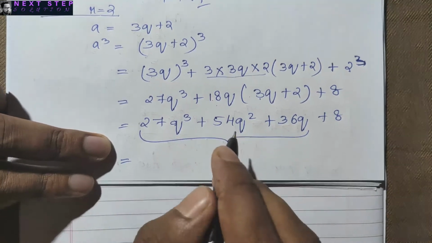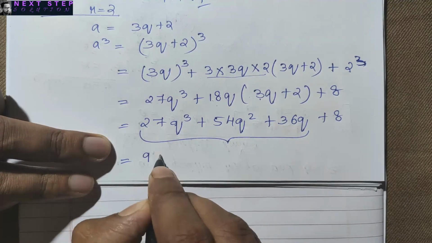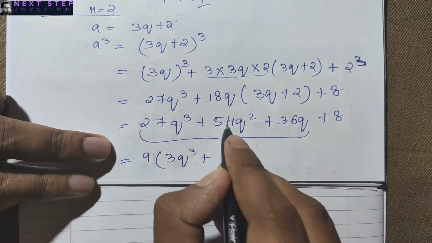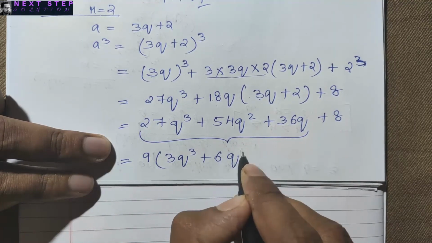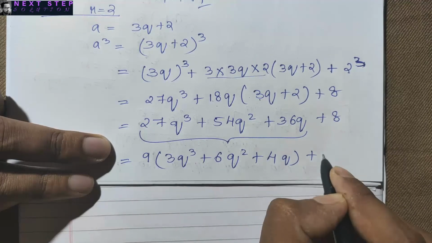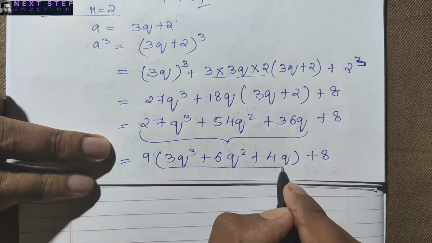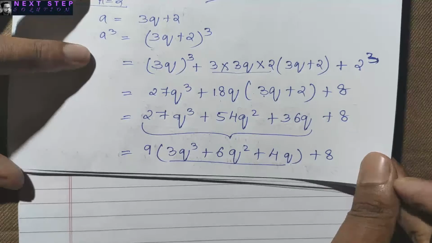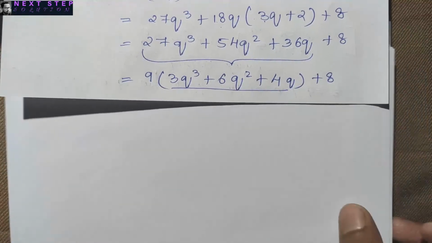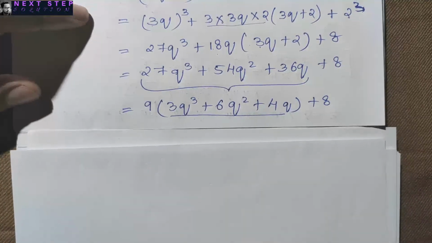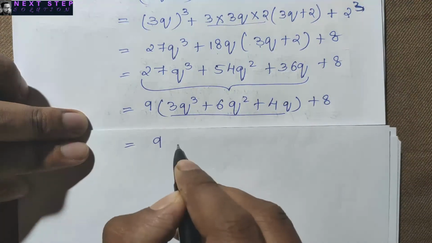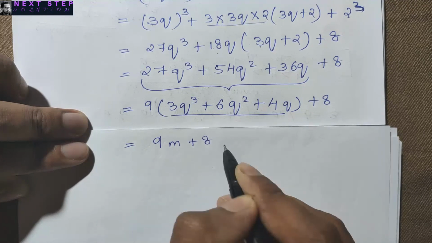If we take 9 common, we can write it as 9 3s are 27 q cube plus 9 6s are 54 q square plus 9 4s are 36 q. Outside we have 8. Now this whole thing, if you consider as m, then we have 9m plus 8. Now leave it here.